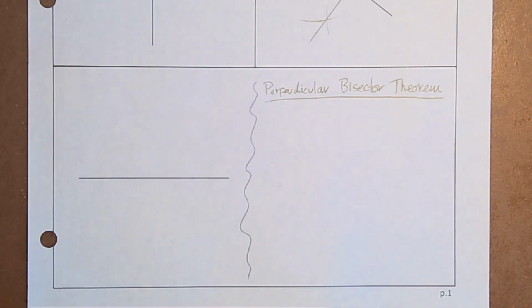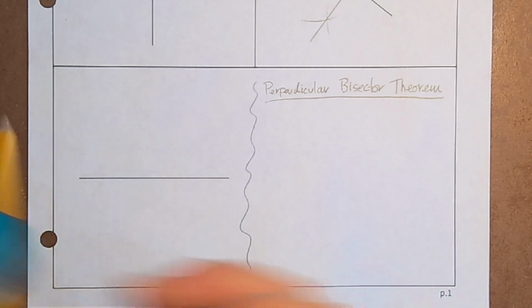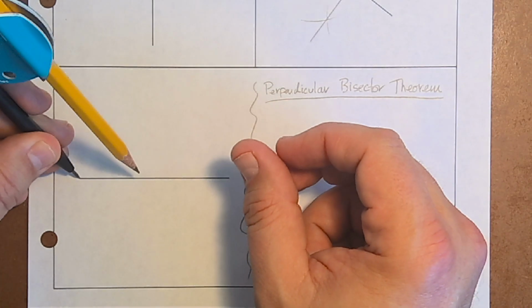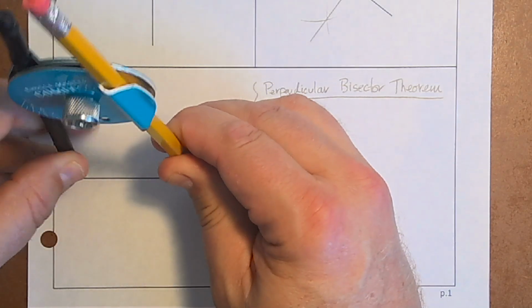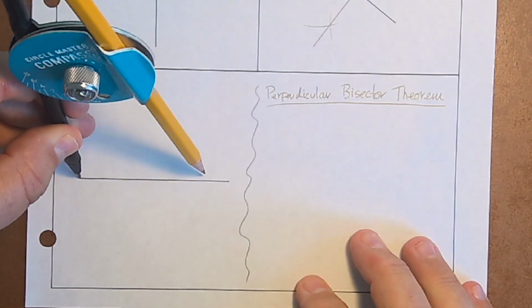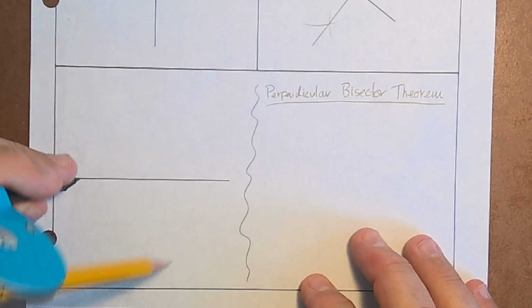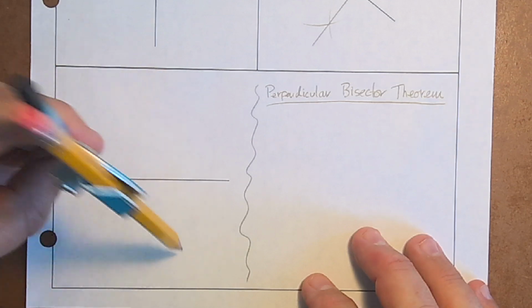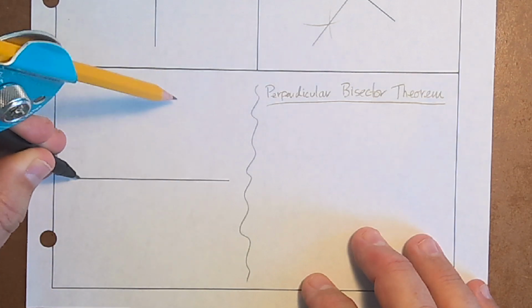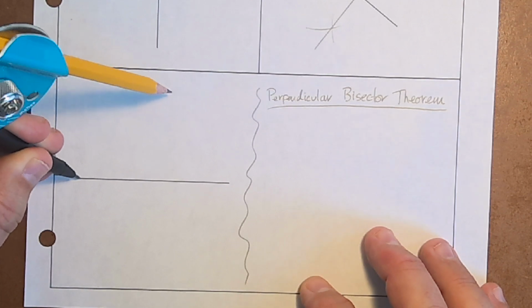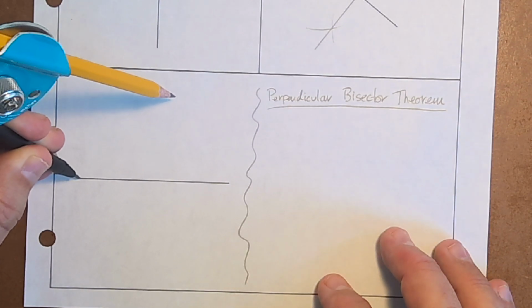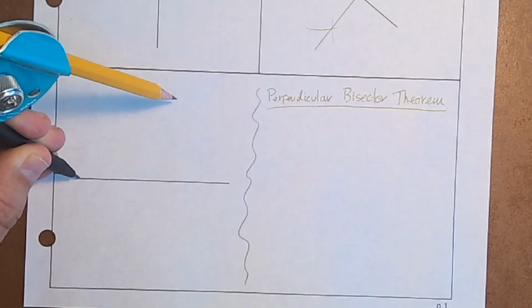Okay, so let's start with this. We're going to take this line segment here and put our pointer down at this line segment, and then open up fairly large on our compass setting. In fact, we want to stay within the bottom of our paper and the top of our paper here. Then we're going to do a perpendicular bisector construction on this line. Perpendicular bisector construction. Ready, go.